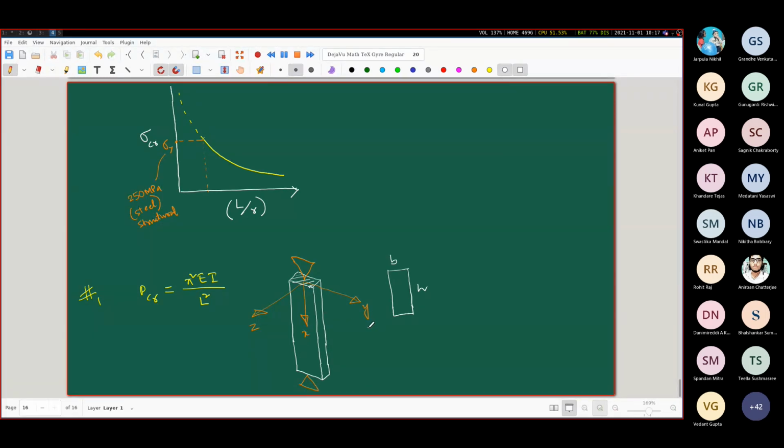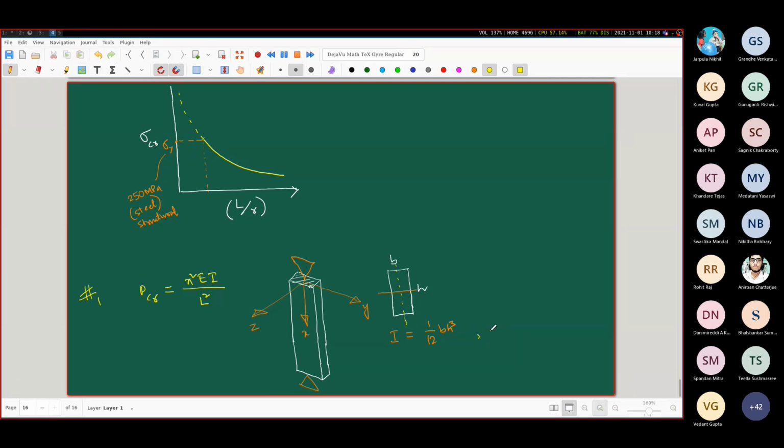Now you see, we can find out the I corresponding to this one. So this I is equal to 1 by 12 BH cube. But we could easily also find out the I corresponding to this one.